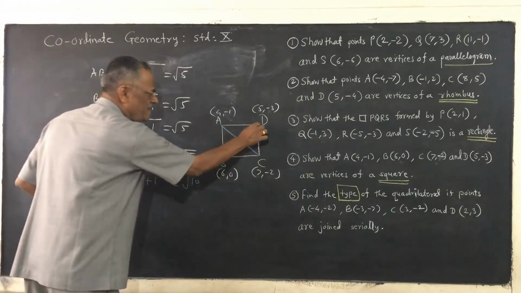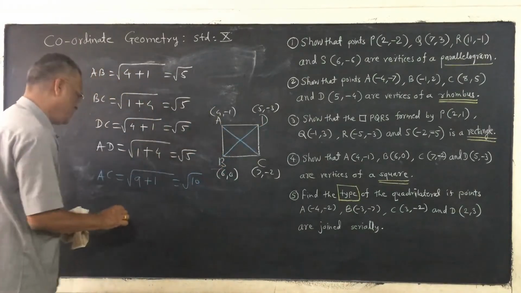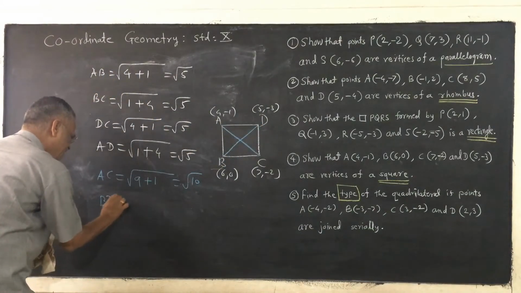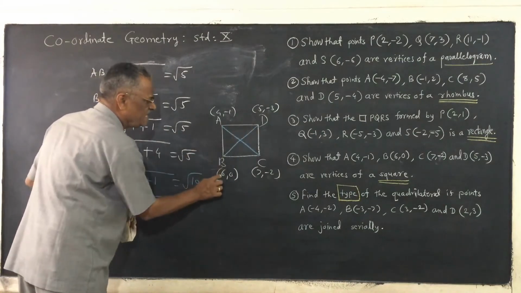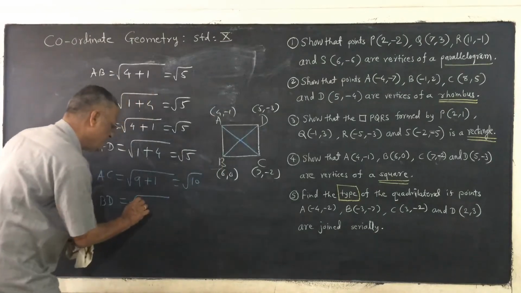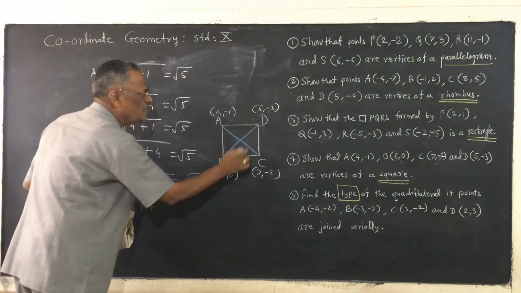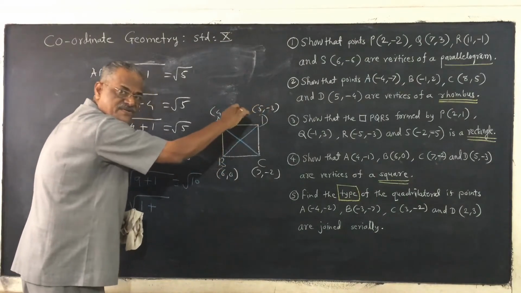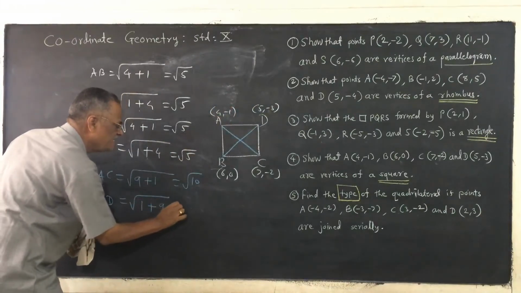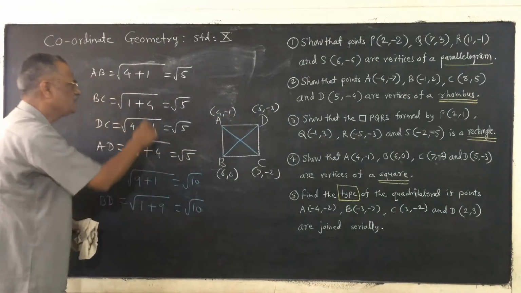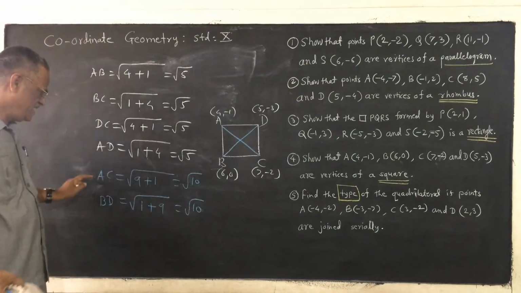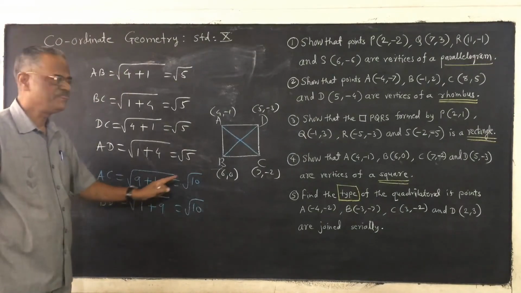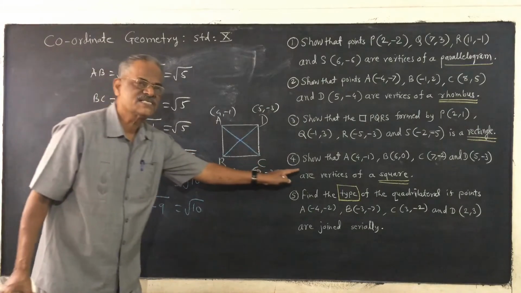Now similarly find the length of BD, the next diagonal. 6 minus 5 is 1, 1 square is 1, and 0 minus 3 plus 3 it will become, and square is 9, so under root 10. So all sides are equal and diagonals are equal, so it is a square.